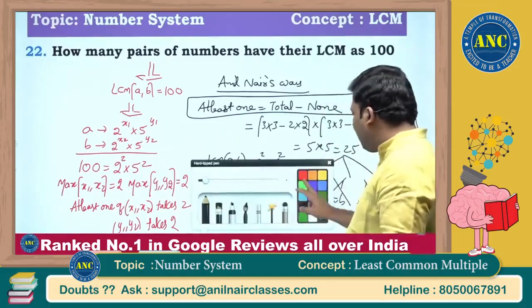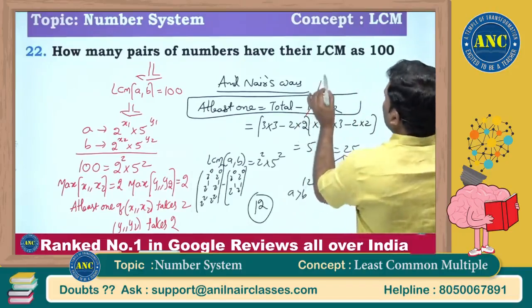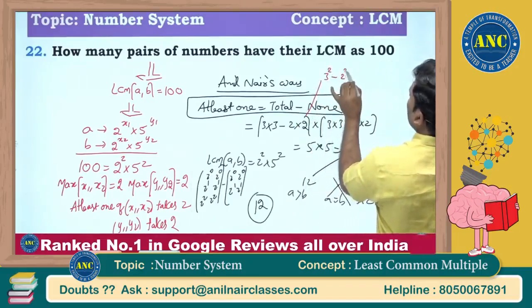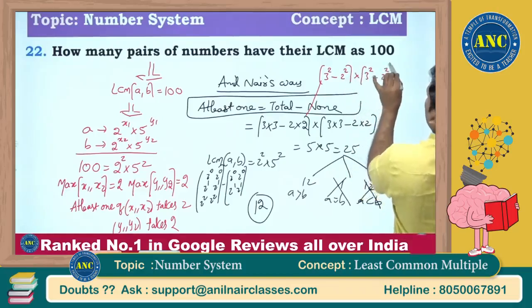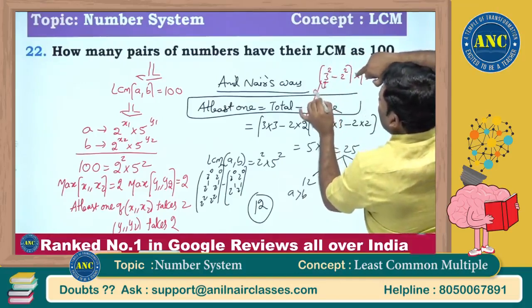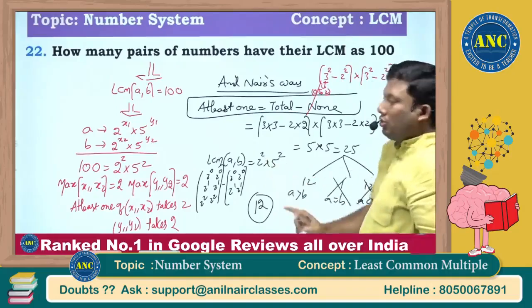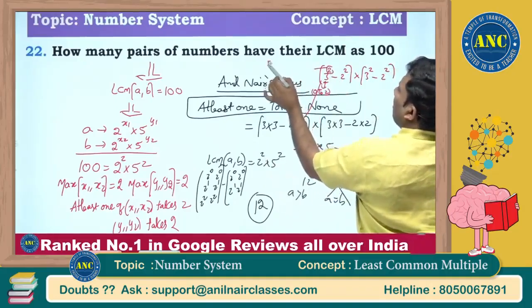Now one minute, sir. I will draw some very beautiful conclusions. This is nothing but 3 square minus 2 square, into 3 square minus 2 square. Why these 3 square? Why did these 3 come? It is nothing but 0 to 2. Am I right? 0 to 2. Why these 2 came? How many variables are there?